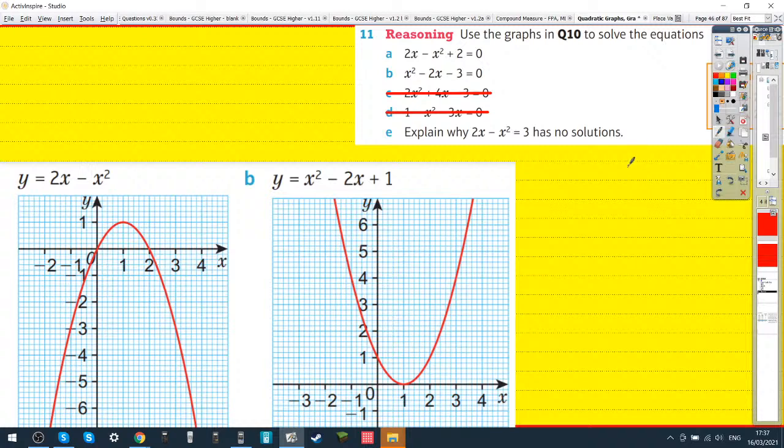And so use that to do these two. So this is the equation we need to solve. This is the graph that we already have.